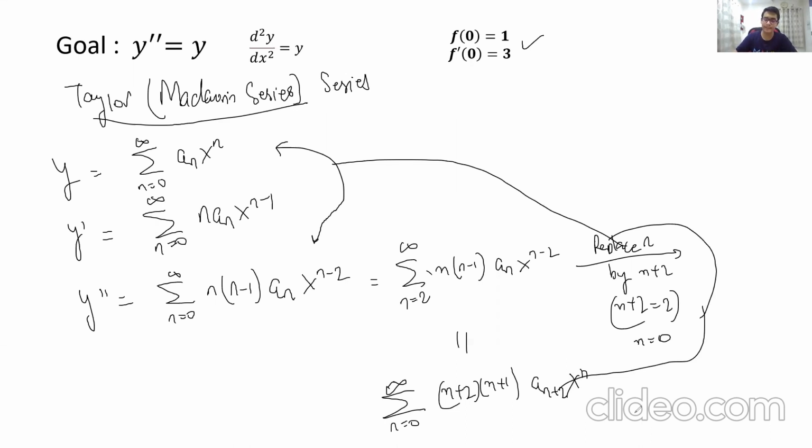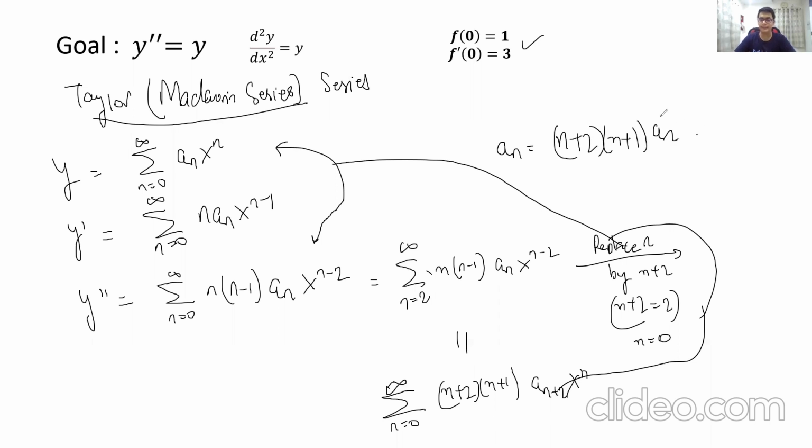So it's obvious that for two infinite sums with the same power of x and the same lower and upper limits, if they have the same sum, then we must have that a_n is equal to n plus 2 times n plus 1 times a_(n+2).